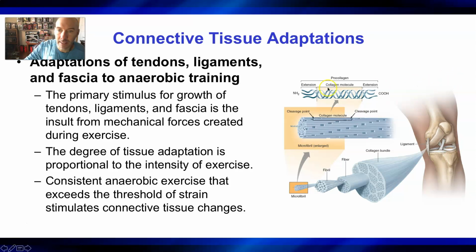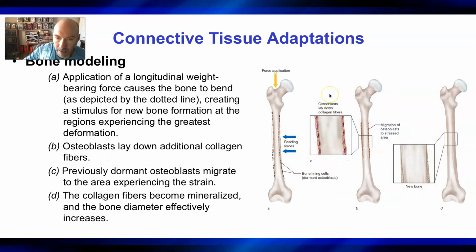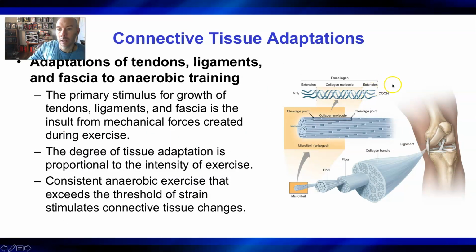If you look at this weaving effect that occurs here, the more tightly this is woven and the thicker, the more strands there are, that's going to lead to a stronger tendon able to transmit more force. So again, high intensity exercise is going to promote the adaptation of these connective tissues as well.